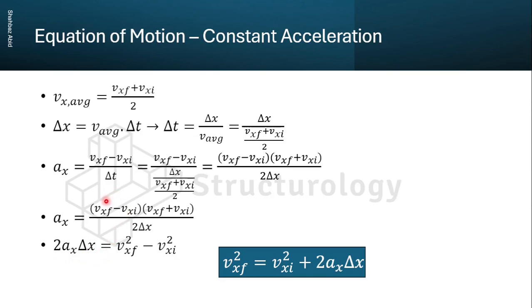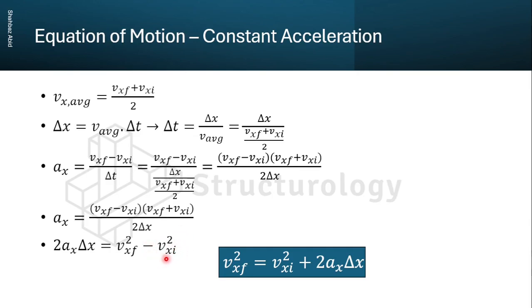So if we have a minus b in brackets times a plus b in brackets, we can simplify it to be a square minus b square. So it's going to become final velocity square minus the initial velocity square.